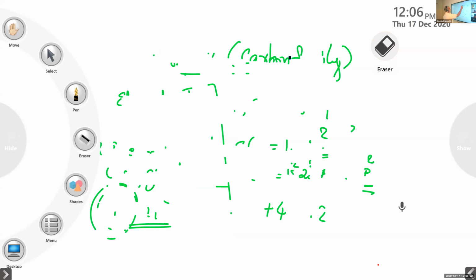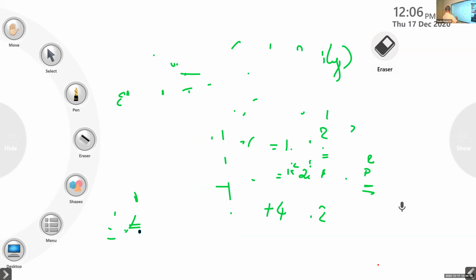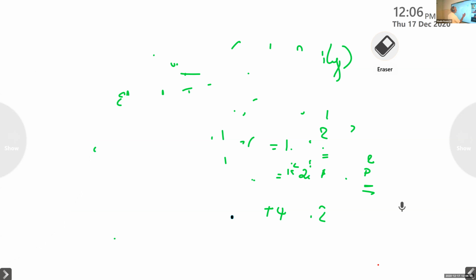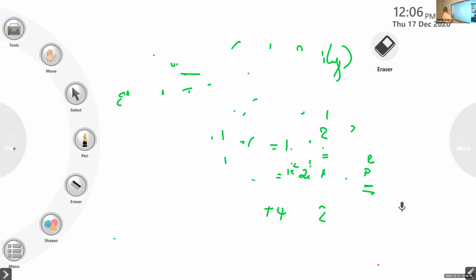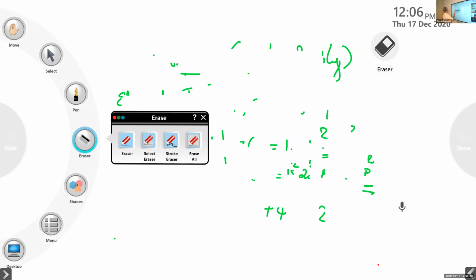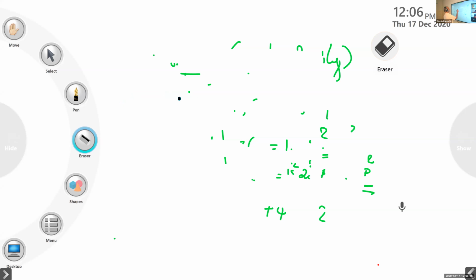The various forms of an element are called allotropes, and the phenomenon is called allotropy.